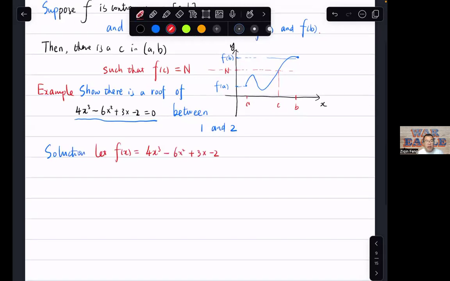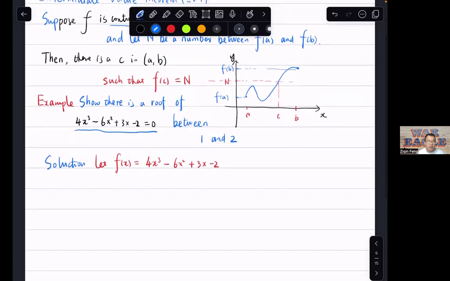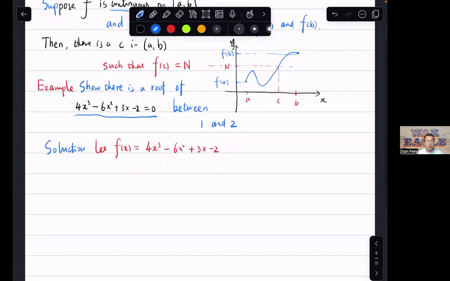But before we apply the intermediate value theorem, we need to check that our function is continuous. This function clearly is continuous because it's a polynomial, by our previous discussion. The domain of a polynomial function is all real numbers, and it is always continuous.